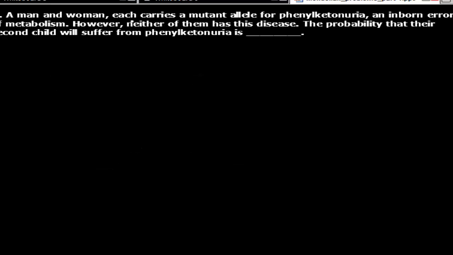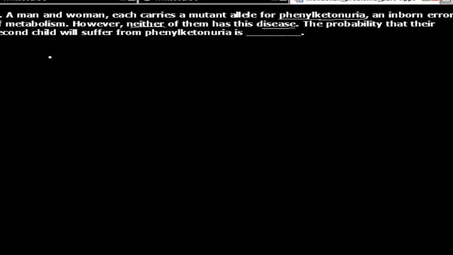Now here there is a disease called phenylketonuria, that is an inborn error, and this is also carried by an autosomal gene. So a man and a woman each carry a mutant gene for phenylketonuria, but neither of them has this disease. Again, it means that both of them are heterozygotes.